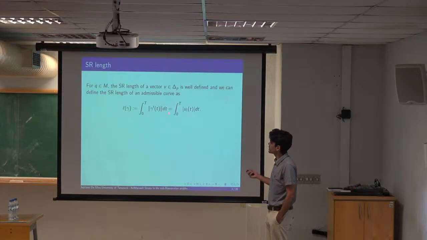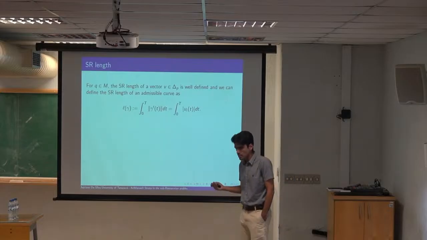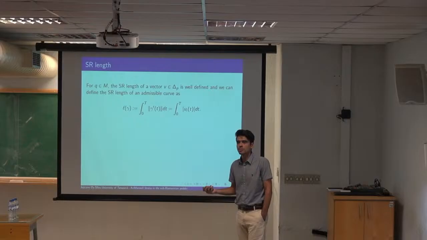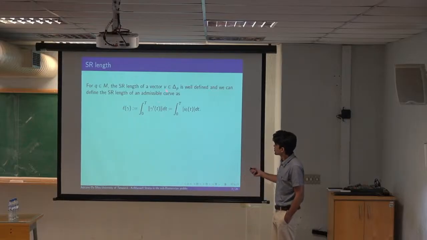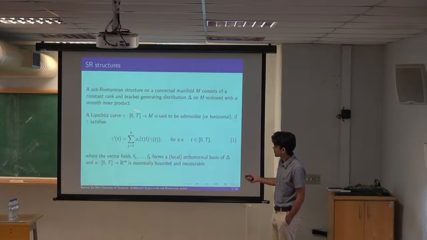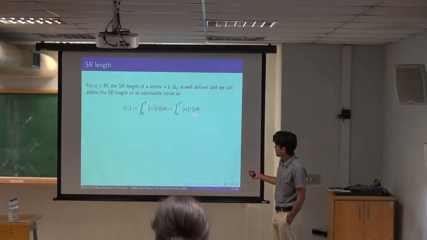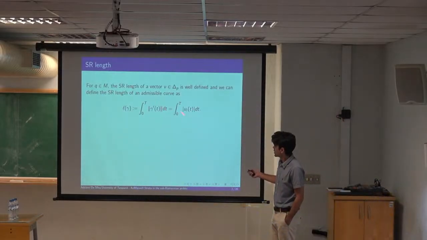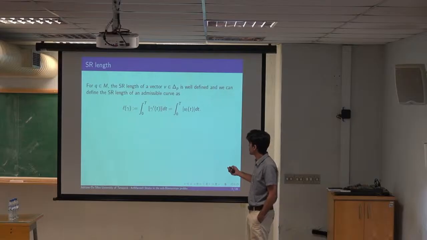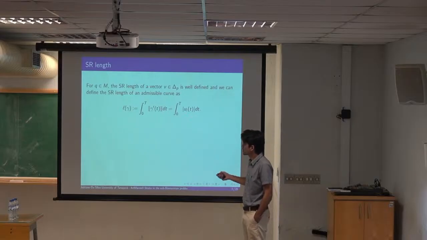Including the concept of distance that we use here. The sub-Riemannian distance is defined as follows: since we can calculate the length of vectors in the distribution, we can define the length of an admissible curve under the conditions that I defined here, and you define the distance as the infimum of these lengths. Because of the conditions I imposed on the control, that's well defined.